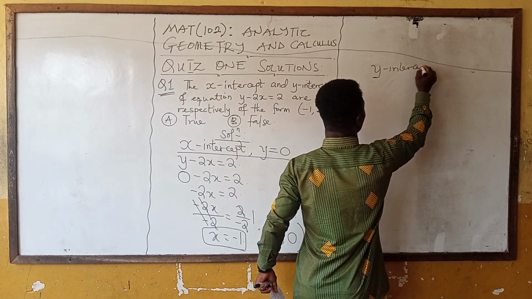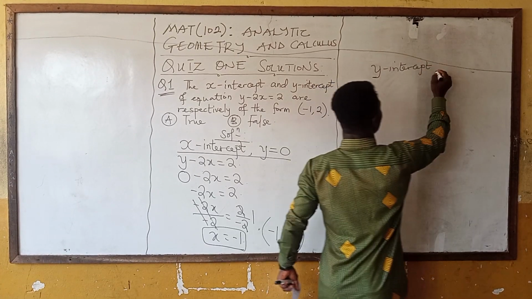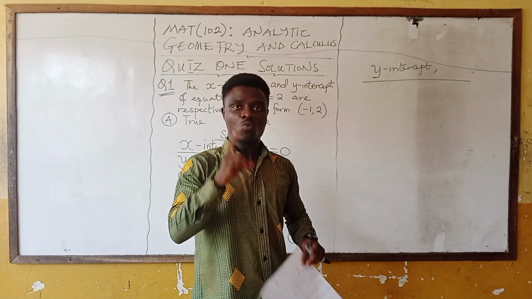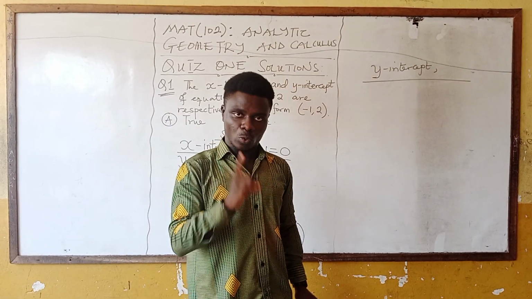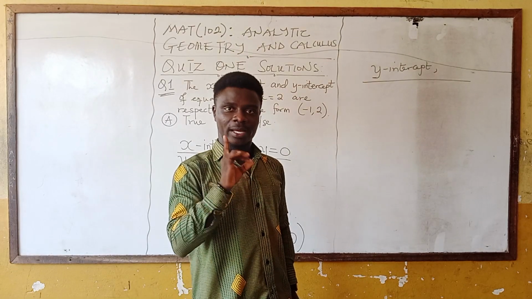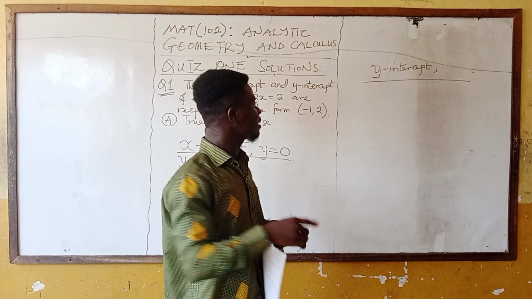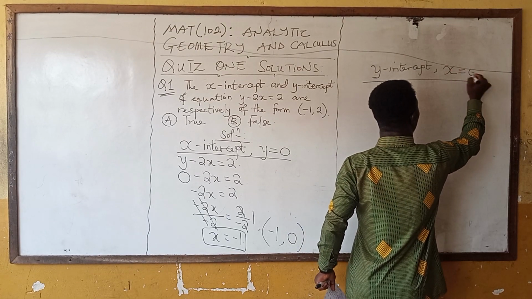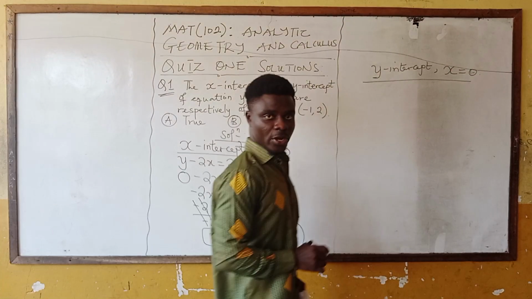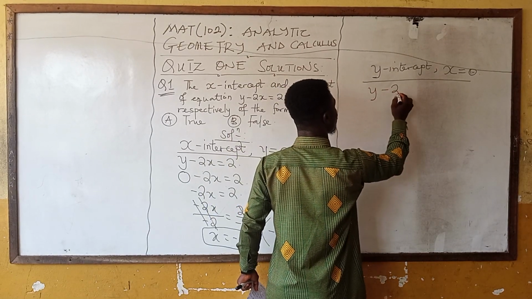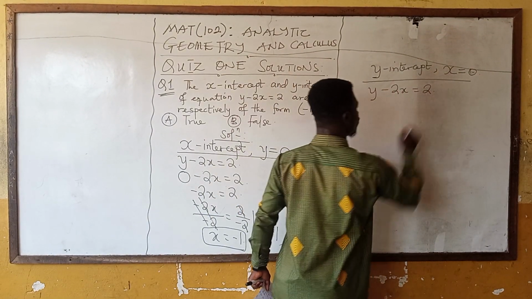Now let's go through to our y-intercept. When you talk of y-intercept, you mean where the line, y minus 2x equals 2, cuts the y-axis. So then our x value is always equal to 0. So we have y minus 2x equals 2.